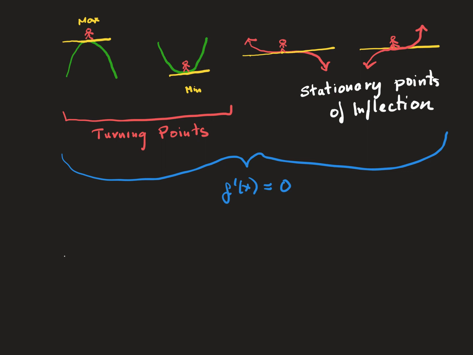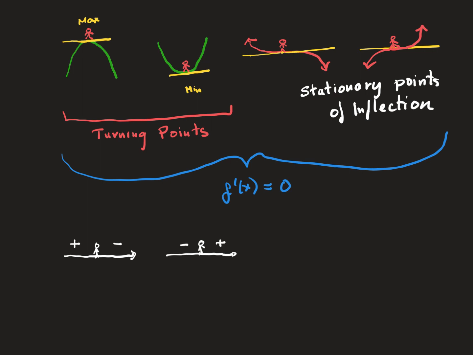Let's have a look at the maxima. The sign diagram where our little man is standing will be positive on the left-hand side and negative on the other side. The sign diagram of a minima, where our man is standing, is going to be negative on the left side, positive on the right.